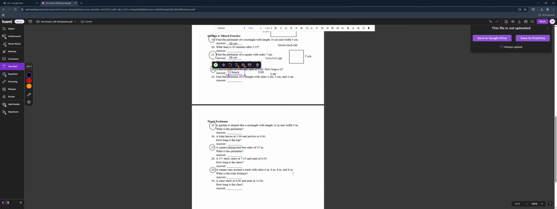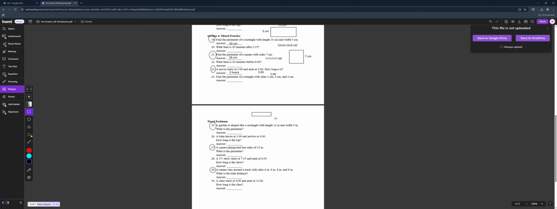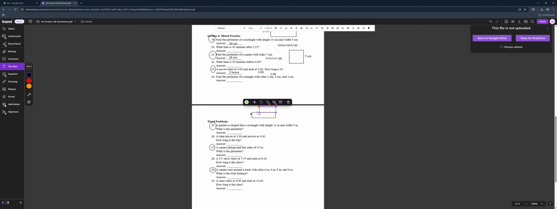And now we have word problems. Number 25, a garden is shaped like a rectangle, and it has a length of 12 meters and a width of 5 meters. So the length here is 12 meters, and the width is 5 meters. And we're looking for the perimeter, so we're going to add each side.